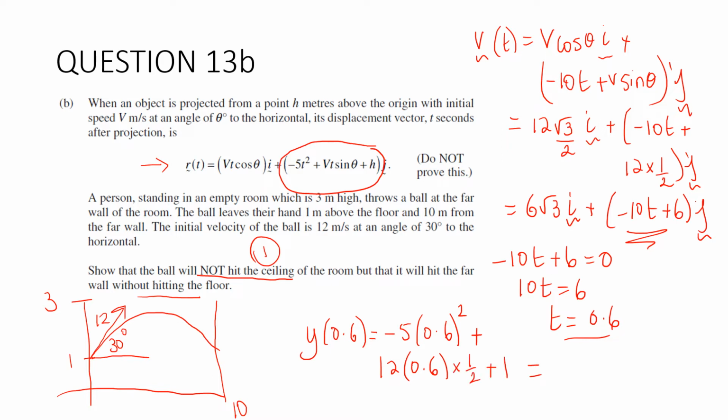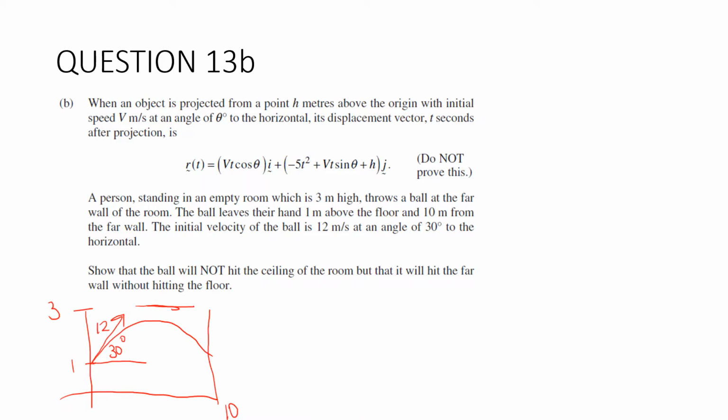Okay, on the calculator we get negative 5 times 0.6 squared plus 12 times 0.6 divided by 2 plus 1 is 2.8. So the maximum height is 2.8, but the ceiling is at 3 meters. So therefore the ball won't hit the ceiling.